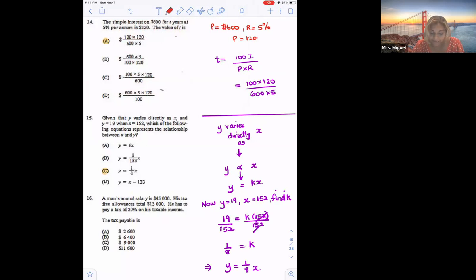Number 16. A man's annual salary is 45,000. His tax-free allowance means that he doesn't pay any tax. So if we take 45,000 and we subtract 13,000, therefore the man pays tax on 32,000. We want to know how much the tax payable is.